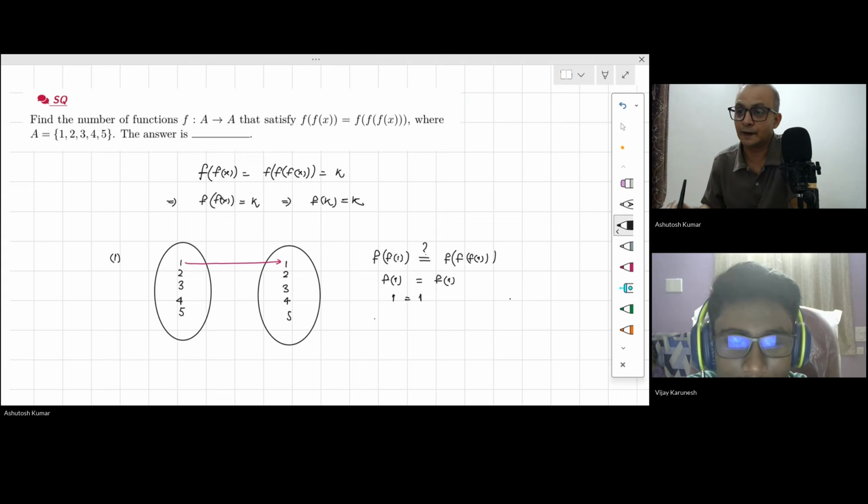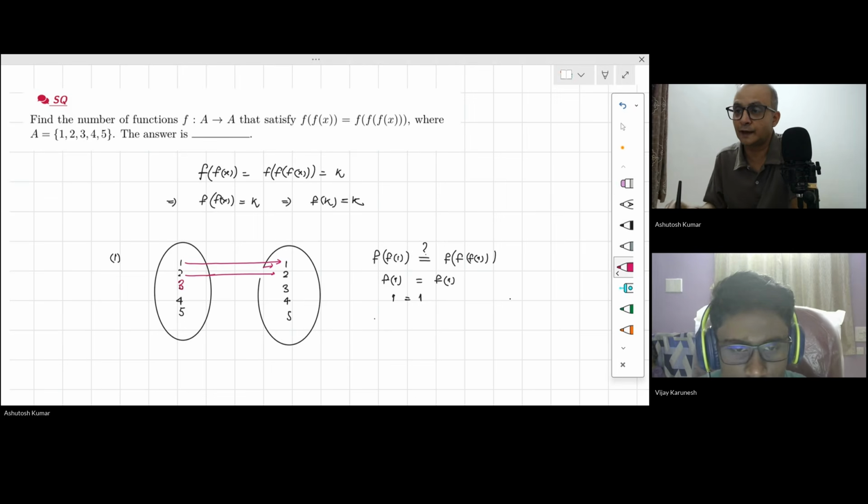Because suppose I map 2 to 1, then you substitute 2 on the left hand side. But some students may think let's map 2 to 2, as you told earlier. If you map 2 to 2, what will happen?